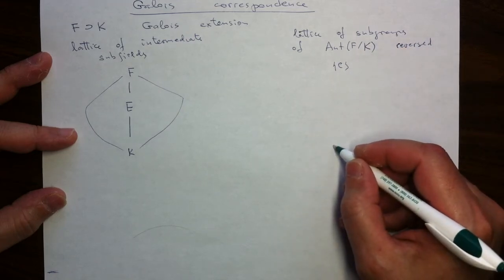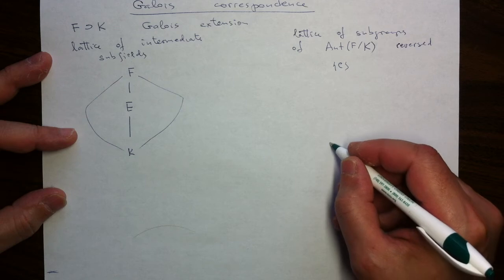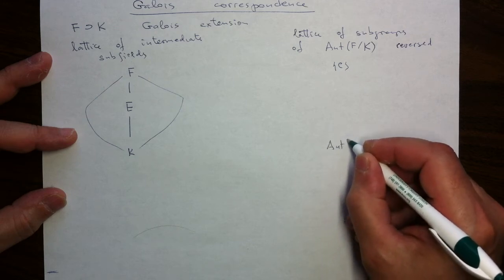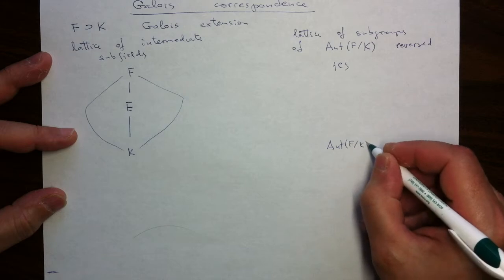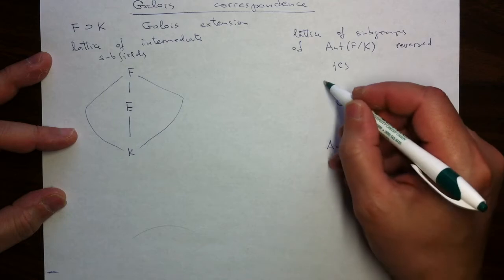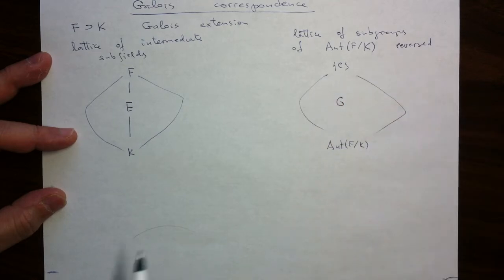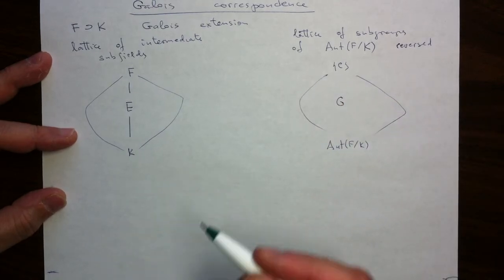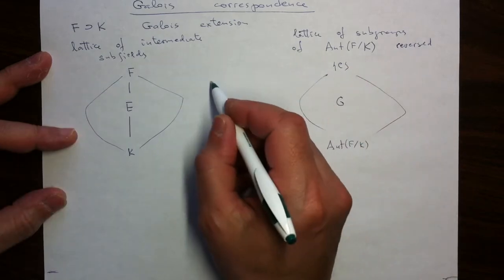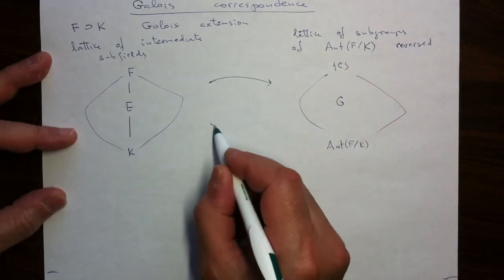And flipped upside down, at the top it will have the trivial subgroup, the identity subgroup, and the whole group will be at the bottom, and everything in between, so subgroups in this group, will be somewhere in the bulk of this lattice. So the statement of the Galois correspondence is that these two structures are isomorphic, are identical.